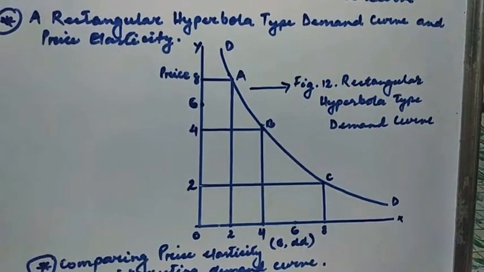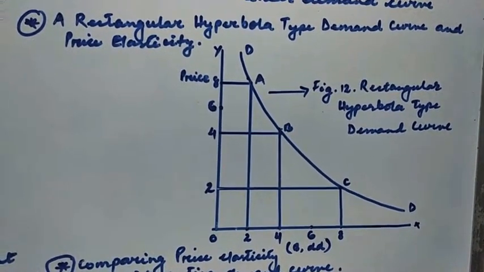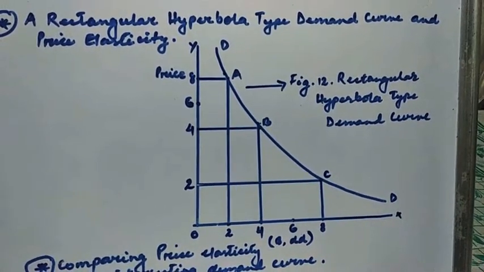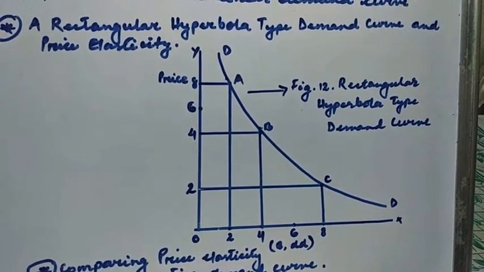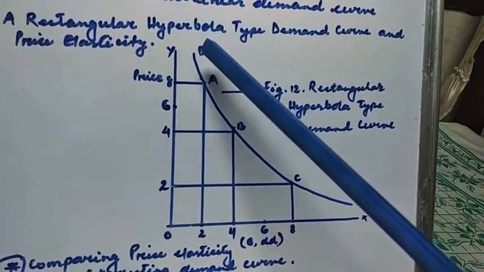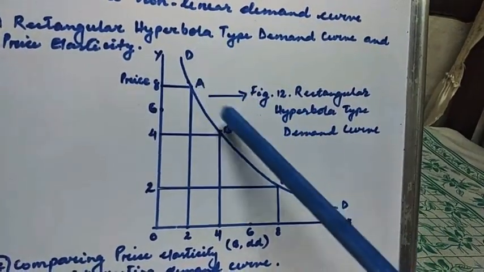A rectangular hyperbola is a curve, so this DD is a curve at which rectangles formed at every point on it have the same area.